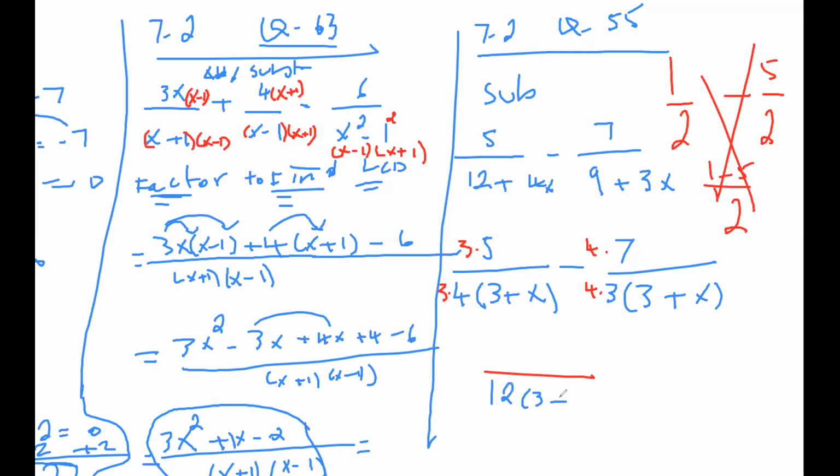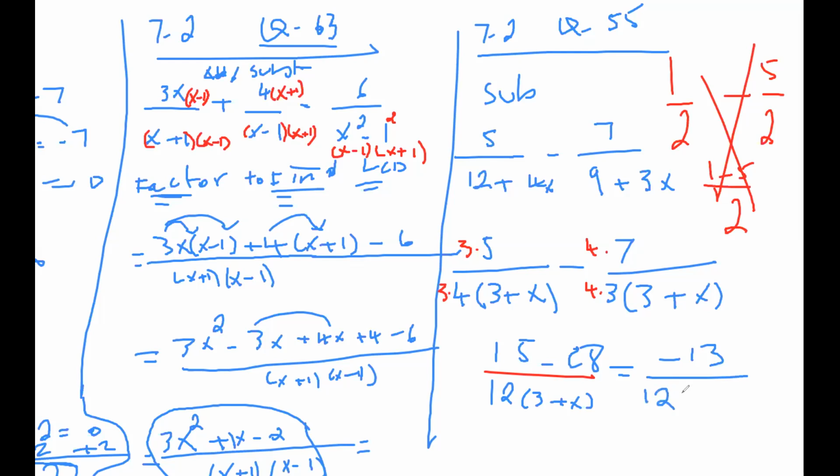3 plus x. And over here, we have the 15 minus 28, which is negative 13 over, again, always leave this like this. You don't want to multiply it, just leave it factored.